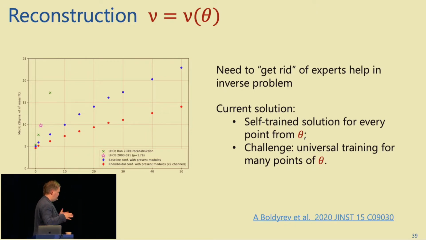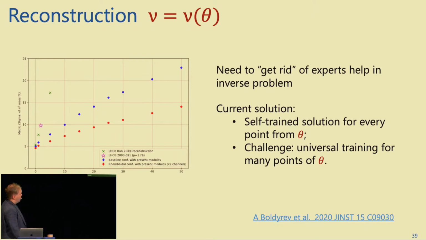The only challenge here is to make it robust enough, and this challenge is understudied in many places. The current solution is that the reconstruction is trained separately for every point of the detector configuration, and we will have to switch to universal training for all the points of the configuration of the detector.